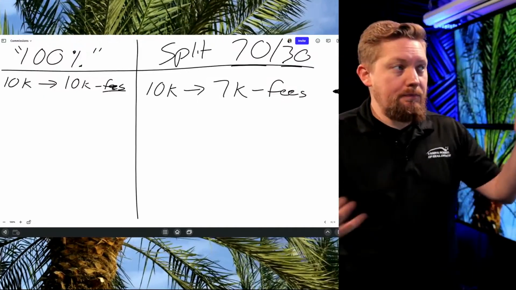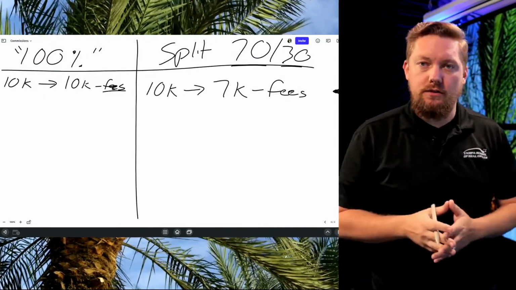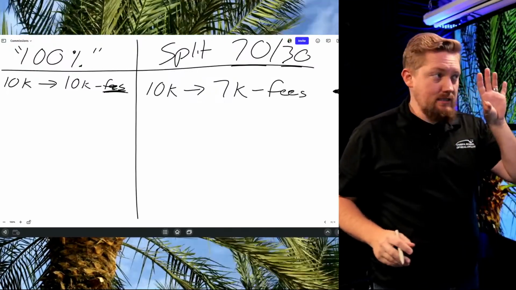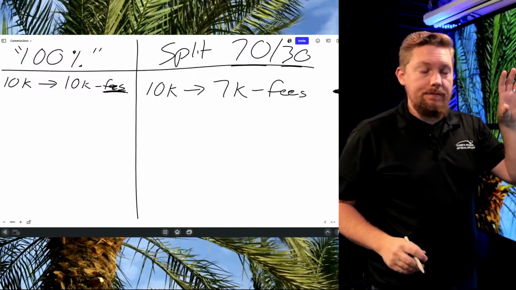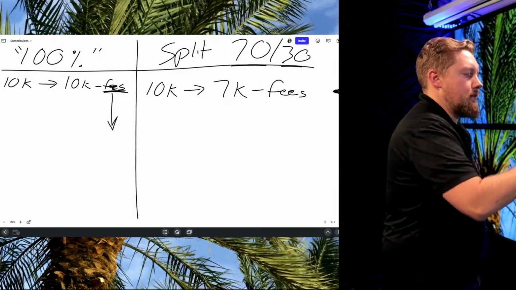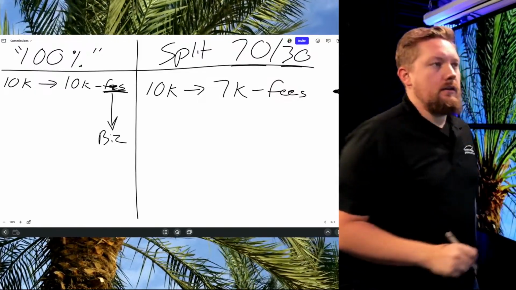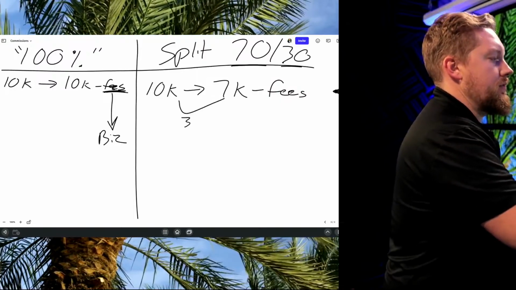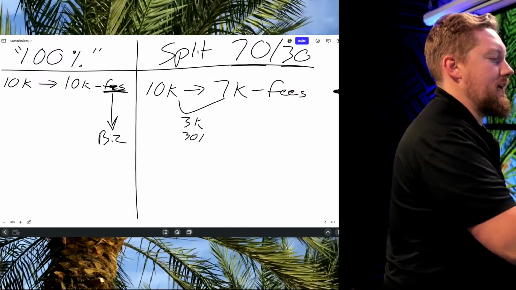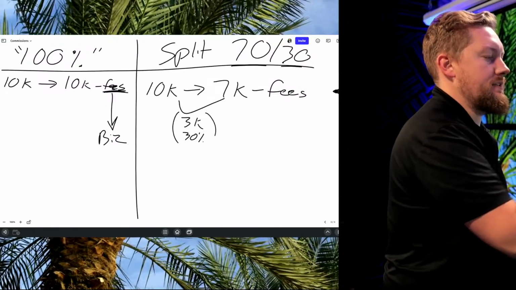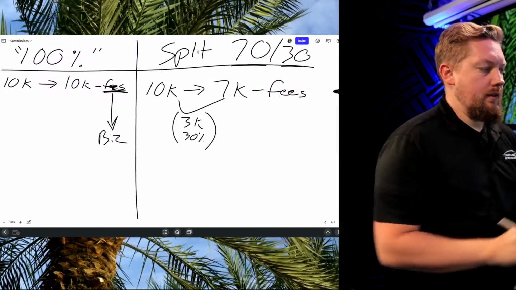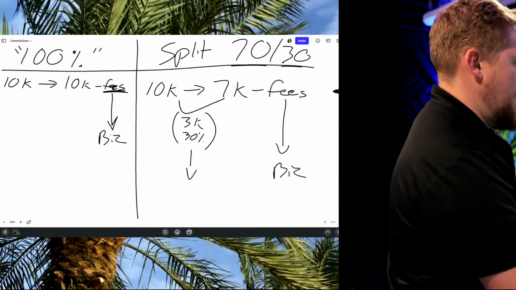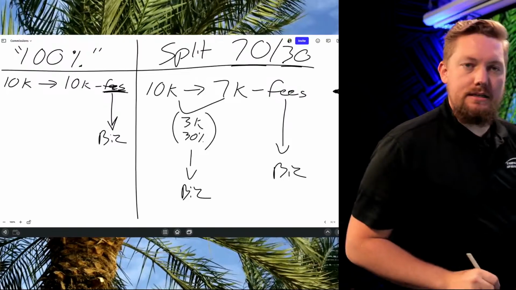They could, but chances are there's maybe a combination of those together. Now, as I mentioned earlier, these fees over here, which is basically all that 100% brokerage is getting, they're using that for the business. And this $3,000, that 30% here in this example, along with the fees, is helping to grow the business.